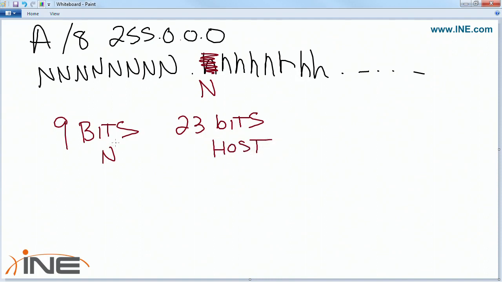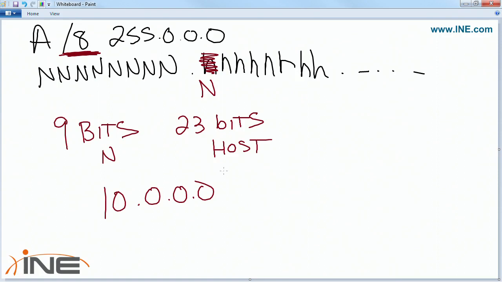Now, the way that you need to think about this is, what was the original assignment that the block of addressing was? So if we're assigned the network, let's say 10.0.0.0, which is a class A address, so it falls in that range of 0 through 127.